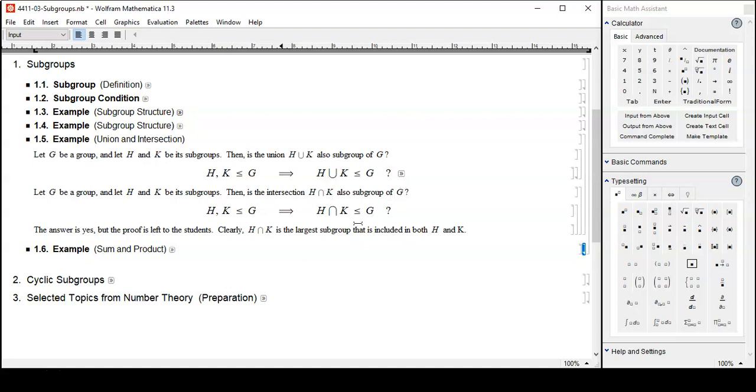H intersection K is the largest subgroup that is included in both H and K. That much is clear, because this is the largest subset that's included in both H and K. And that happens to be a subgroup. So yeah, that's going to be the largest subgroup as well.